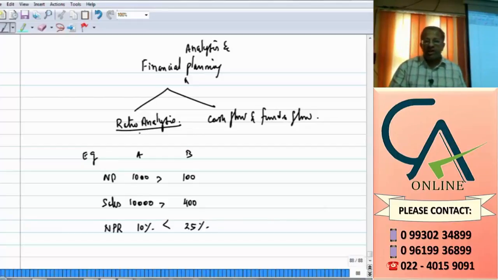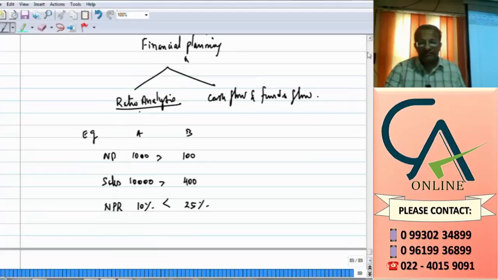What are the types of problems that we will be seeing? We ourselves have got to know the cause and effect relationship, and we are expected to find out the ratio. Based on the ratio, we are expected to interpret. That is one sort of problem. Another sort of problem, they will give you the ratio, and you may have to prepare the profit and loss account and balance sheet. Two types of problems. Cash flow, fund flow, you have a format, you go by the format.